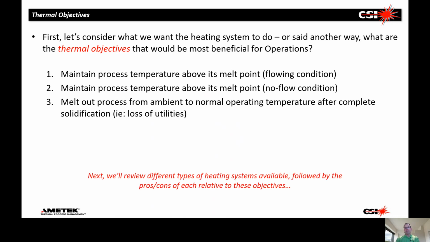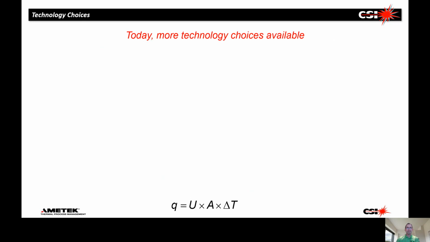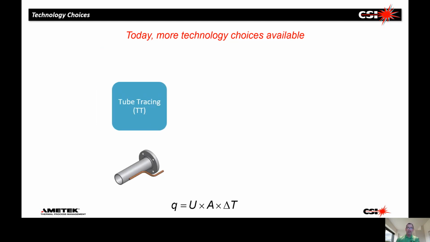So when we look at those three objectives, we want to take a look at, well, what technologies are available that can meet those, and then let's do a deeper dive into pros and cons of those. So unlike a few decades ago, there's a lot of technology that's available today that can really help us in those three objectives. There's the historical tube tracing that's out there. Most of these units have been designed for this technology from the beginning.